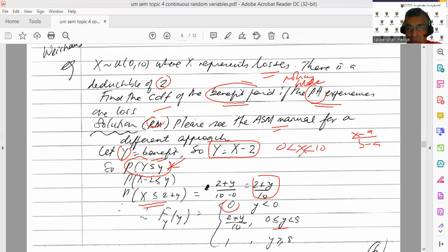So X minus 2 must be between 0 and 8. So that's the reason why we have y between 0 and 8. So we have worked this out: (2 plus y) over 10. And of course, anything bigger than 8, it'll be 1 to make sure that your CDF is complete.